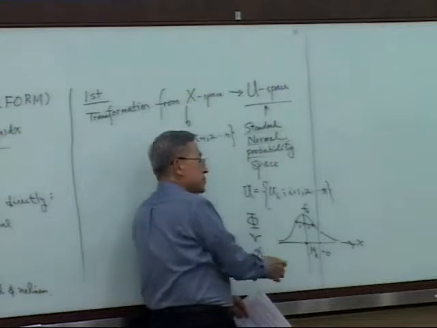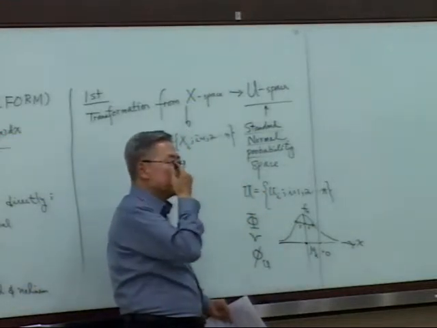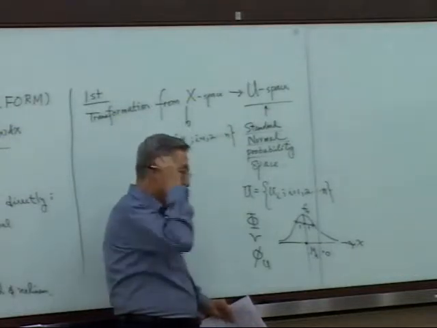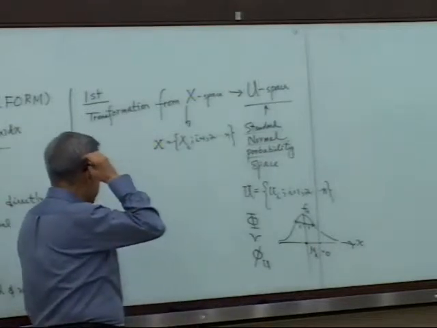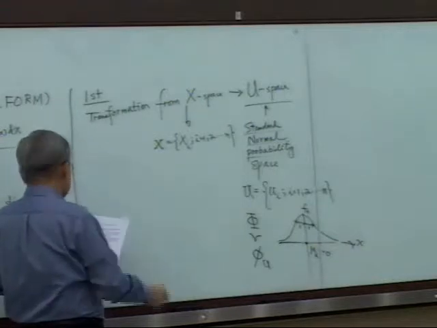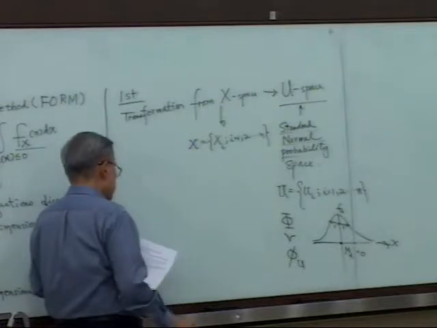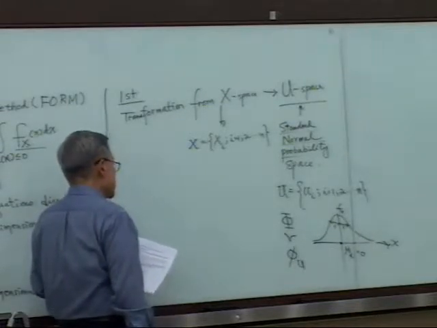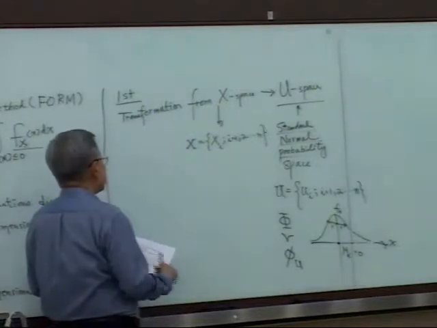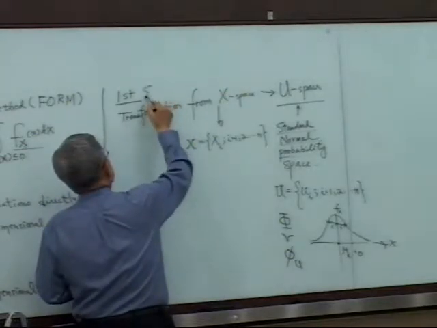So when you hear about the transform from X space into the standard normal probability space, that's what you have to keep in mind. So this is the first kind of approach or step to looking into it, and he put the name as the first step.